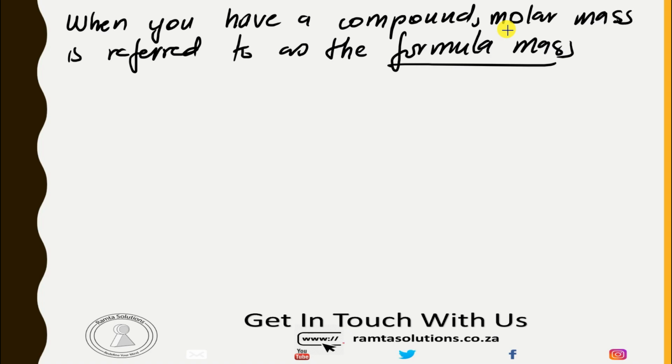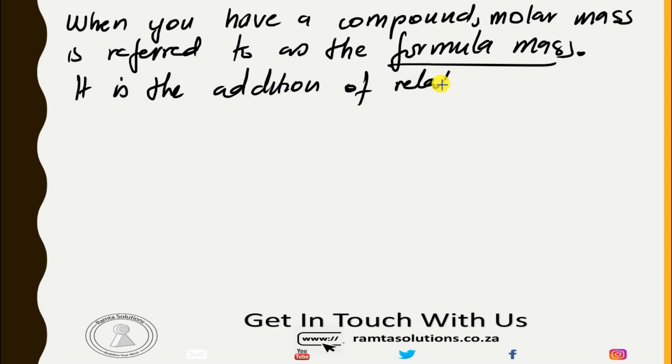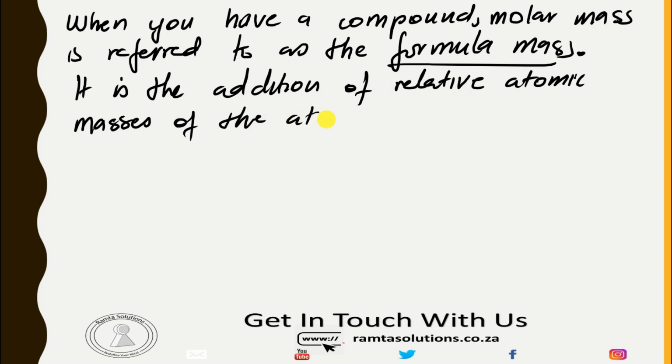So when you have a compound, to get your formula mass, you basically add the relative atomic masses of the atoms that the compound consists of.